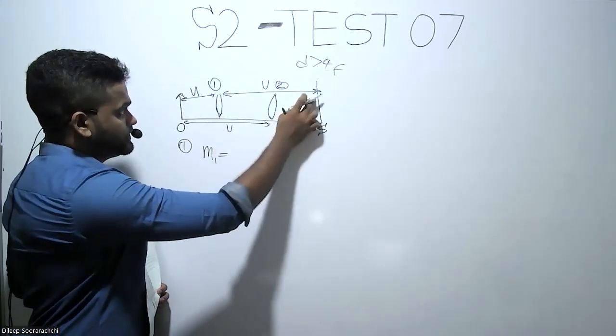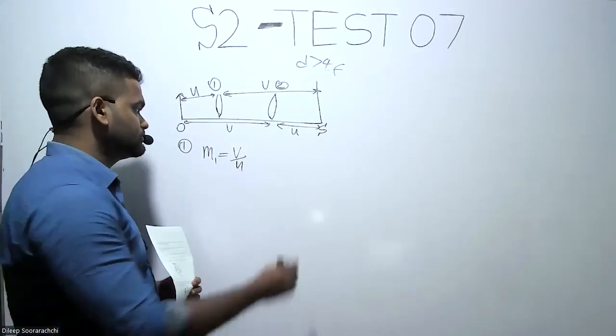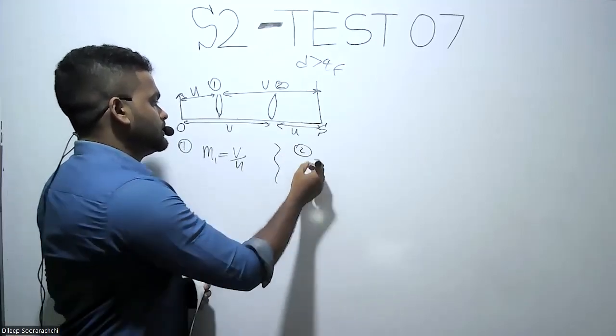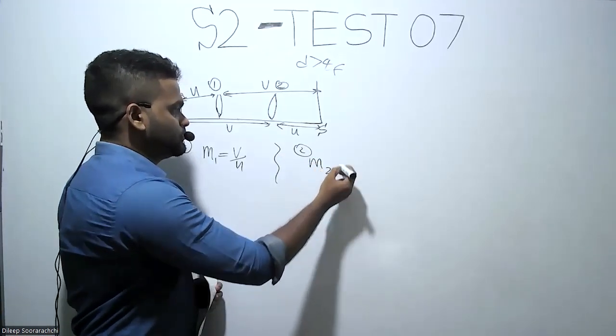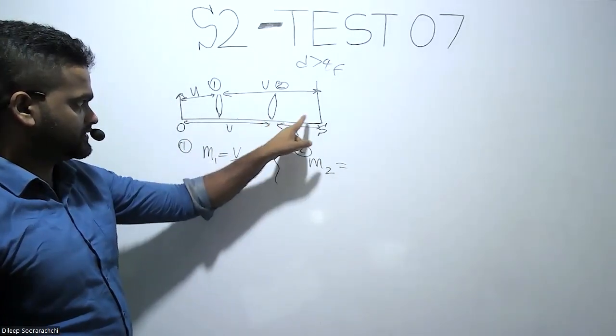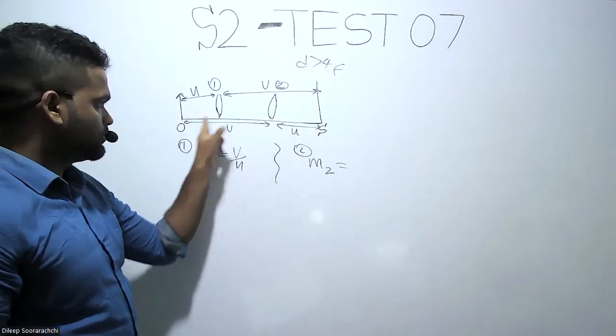That is equal to v over u. m1 equals v over u. For the second one, linear magnification m2 equals u over v, right? This is the image distance now, this is the object distance.